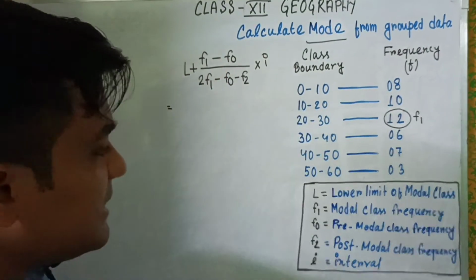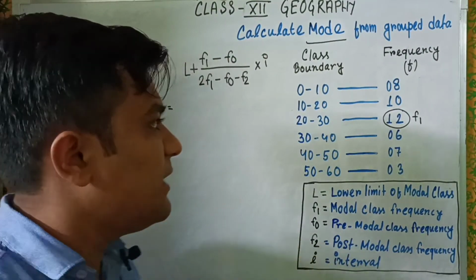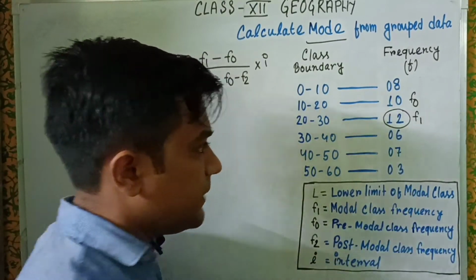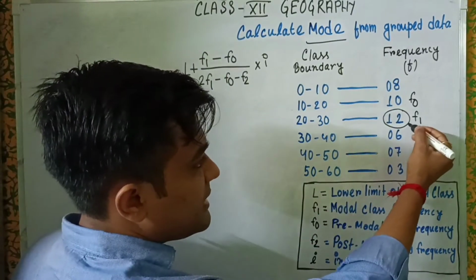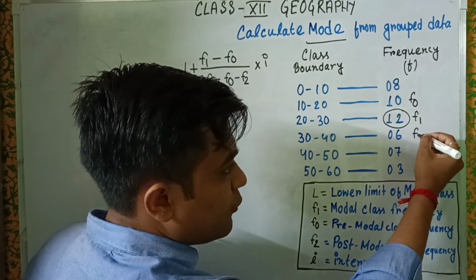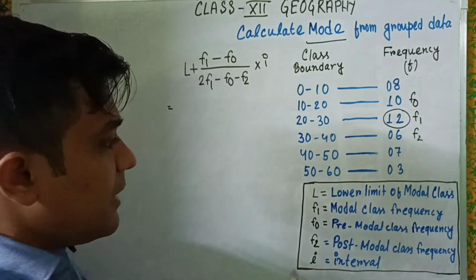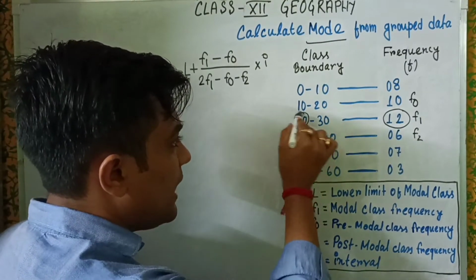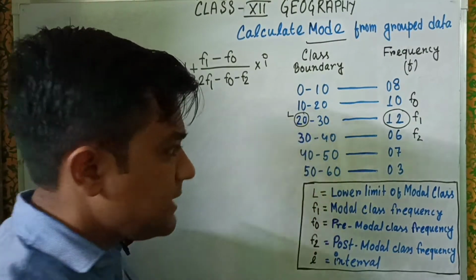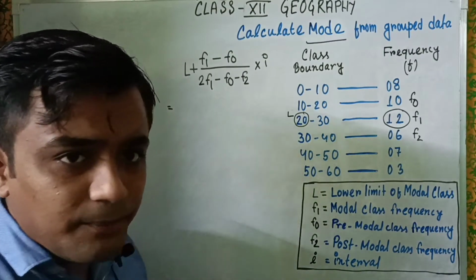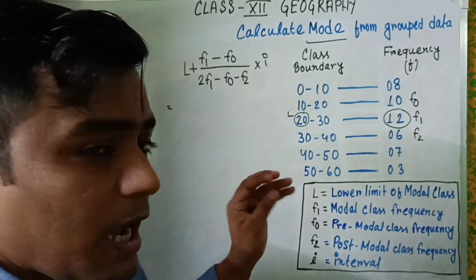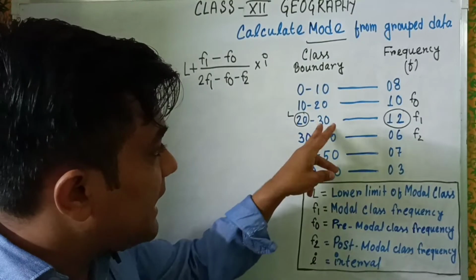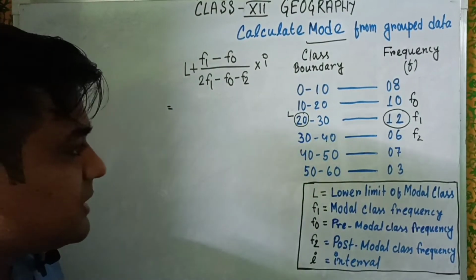Then F0 means pre-modal class frequency, so F0 is 10, and post-modal class frequency is 6, so F2 is 6. L means lower limit of modal class, which is 20, and the interval of modal class, I hope you know how to calculate it: 30 minus 20, that means 10.